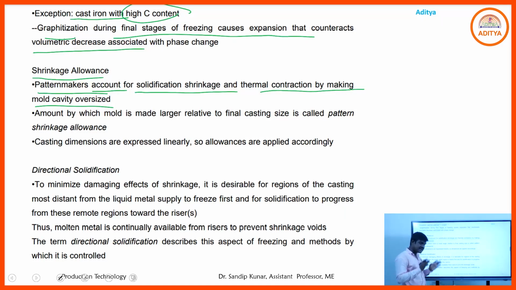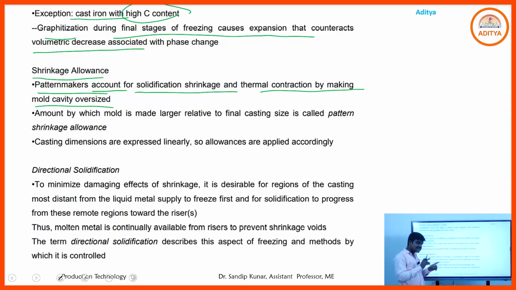Due to the oversized mold cavity, the final dimensional accuracy will be better, and the product will be created as per the required dimensions. If we know the shrinkage of that particular metal, we use that data to prepare the oversized mold cavity shape. When we pour the molten metal, it will undergo liquid contraction and solid contraction.